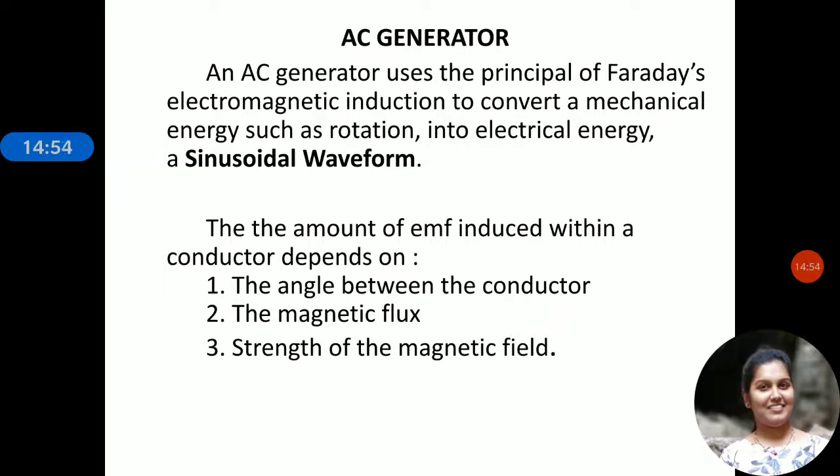That is nothing but a sinusoidal waveform, that is an AC waveform, in the alternating form. The amount of EMF induced within the conductor of an AC generator will depend upon the angle between the conductor and the magnetic flux, and the strength of the magnetic field. This is what we have discussed previously.